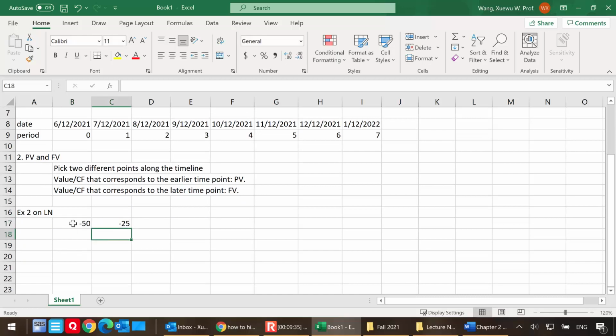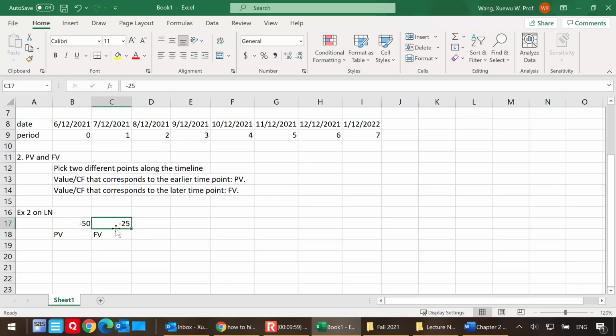All right, so you have picked these 2 time points because these are the relevant time points in this example here. So the value here, well, that is future value. The value here, 50 years ago, well, that's present value, right? Because that is how we define them. This is the earlier time point. That's present value.